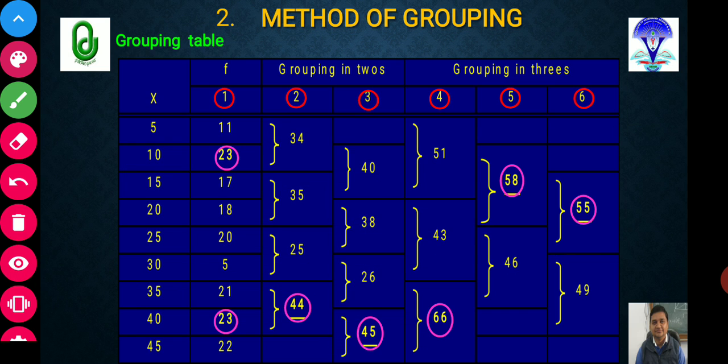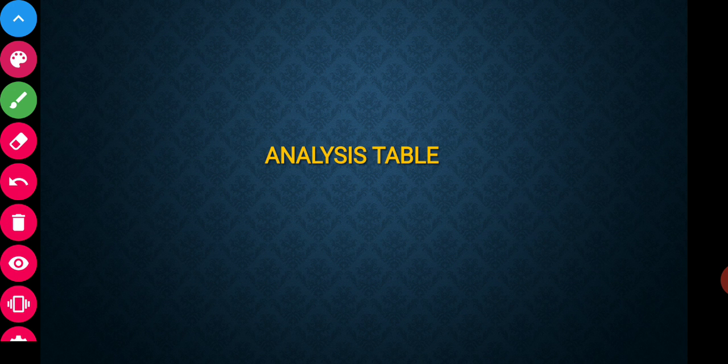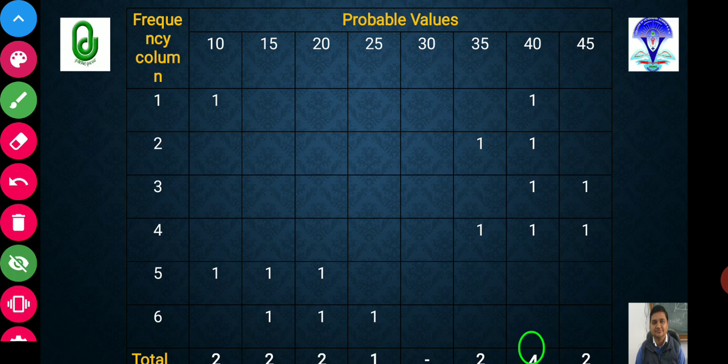Just remember these values can be the probable model values. So here you see the probable model values are 10, 15, 20, 25, 30, 35, 40, 45.